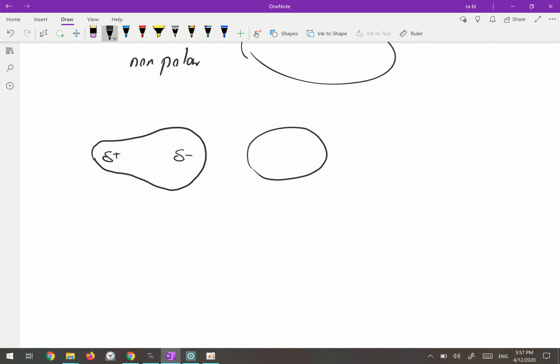So this is Cl2, this one is HCl. When Cl2 comes close to the HCl, because this area of the HCl is negative, it pushes the electrons away from this side of the chlorine molecule. So this part of the chlorine molecule, where the electrons go, becomes partially negative, and this one becomes partially positive.